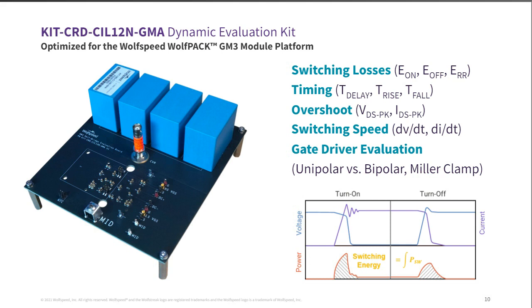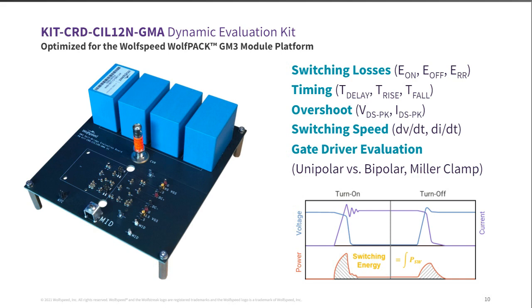Included on the board are bulk capacitors and a high bandwidth shunt current viewing resistor to measure the low side current, the source current of the low side device. Depending on the configuration of the load inductor, you can measure normal switching, like the waveform shown here in the bottom right, or you can evaluate reverse recovery.